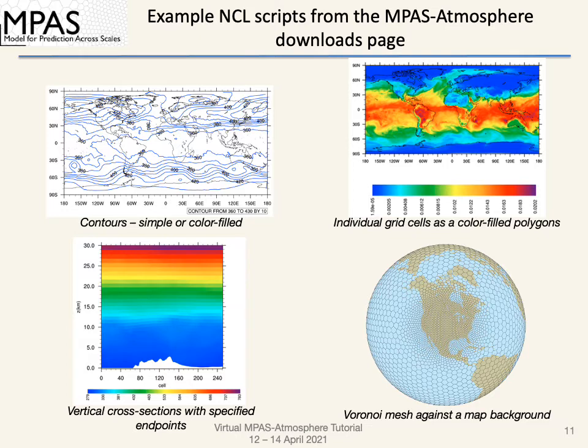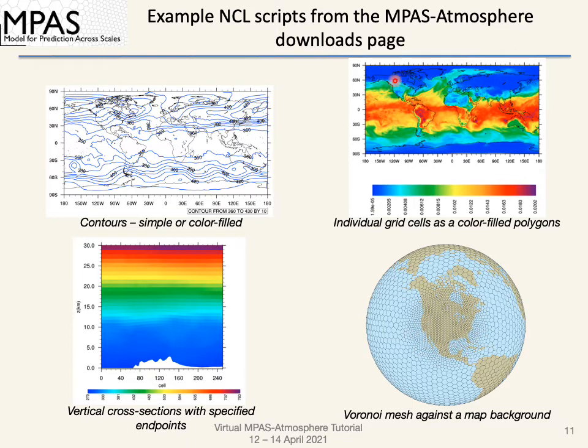So to that end, on that download page, what we provide is examples of various sorts of plots, again with the expectation that the exact field that's plotted in the example doesn't really matter because you can easily change that. So we have, for example, an example of a script that simply plots contours, either unfilled labeled contours or color-filled contours of a 2D or horizontal slice of a 3D field.